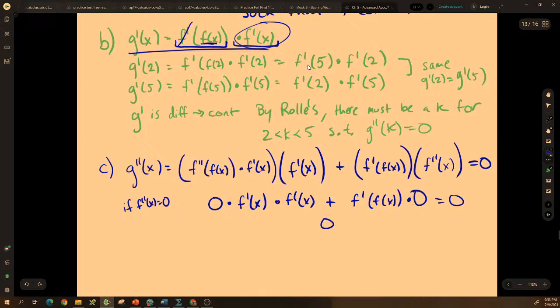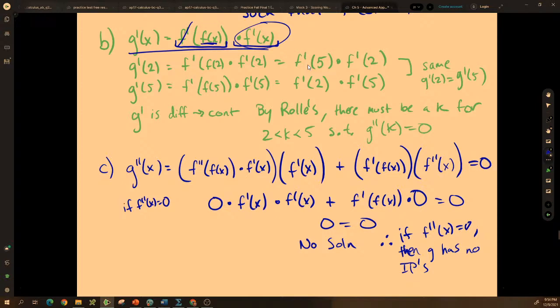So it says 0 equals 0, which is technically always true, but this isn't giving us a solution. Therefore, if f double prime of x equals 0, then g has no inflection points. Okay, because everything just went away.